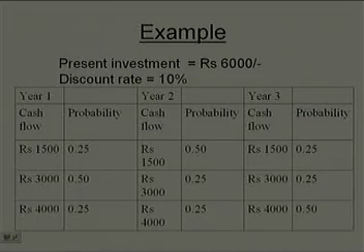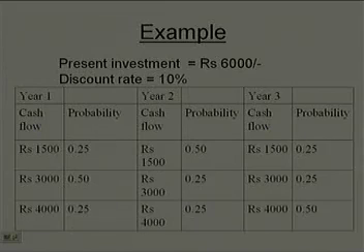For example, year 1, I am expecting that I can get 1500 rupees with a probability value of 0.25. In year 1 itself, the chances that I am going to earn rupees 3000, its probability is 0.5. And finally, in the same year, year 1, the chances that I am going to earn rupees 4000 is 0.25.